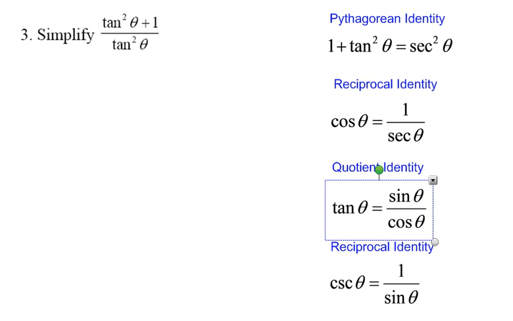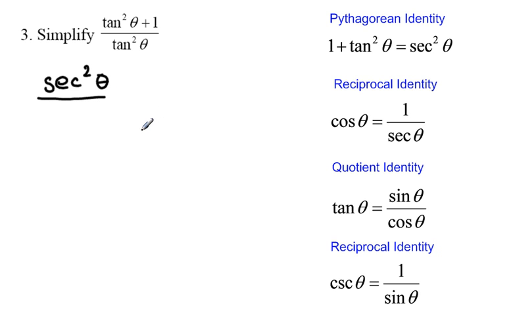So what we'll do first here is change the tangent squared theta plus 1 into secant squared theta. So instead of writing tangent squared theta plus 1, we are going to write secant squared theta in the numerator. And we'll write this tangent squared theta.